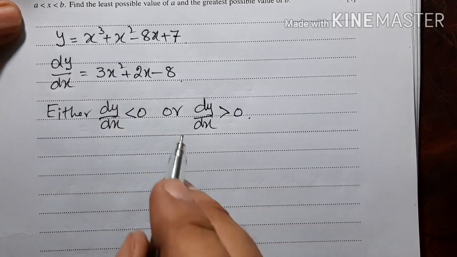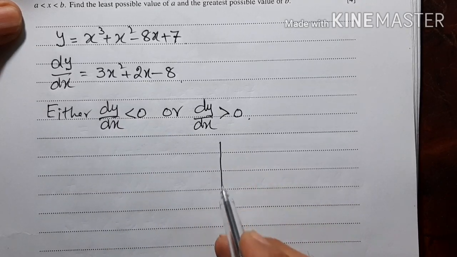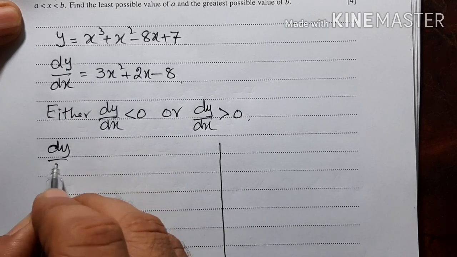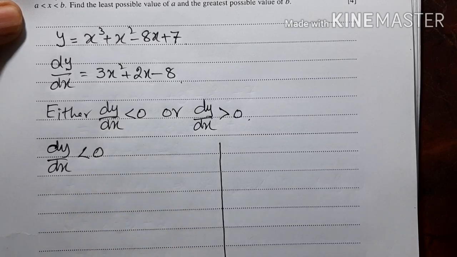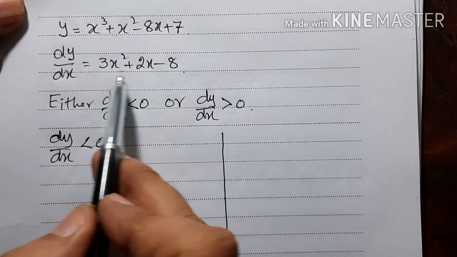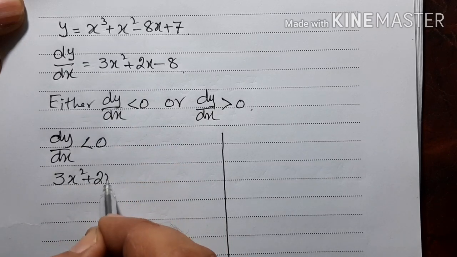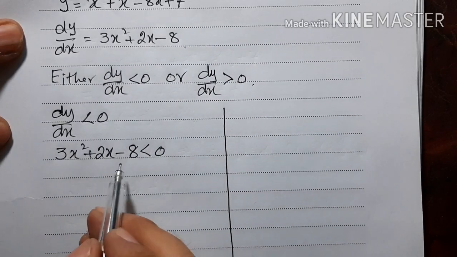I'll discuss these two. First of all, dy by dx is less than 0. This means 3x squared plus 2x minus 8 is less than 0.